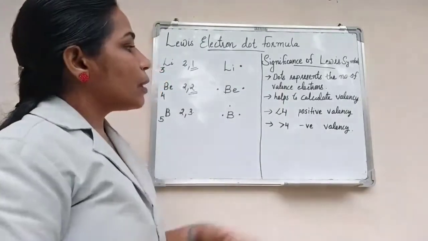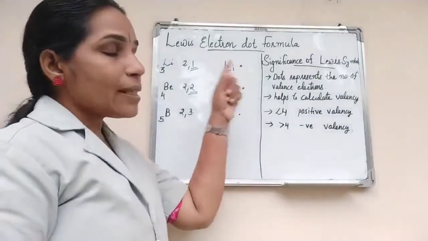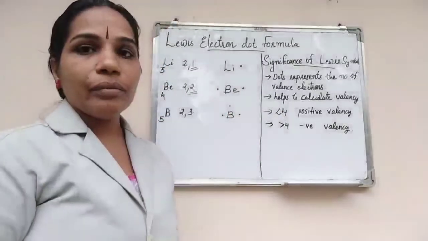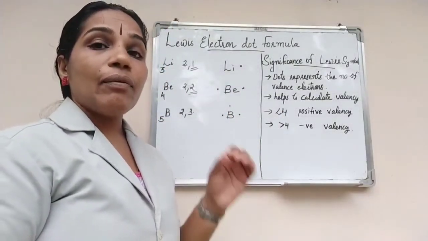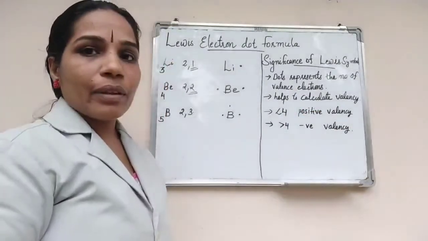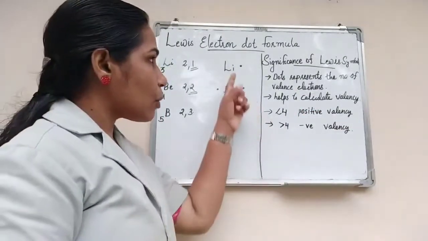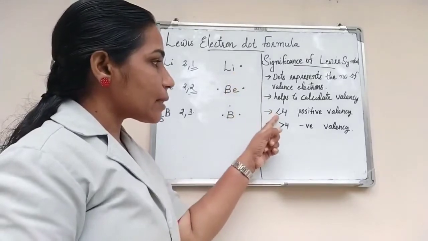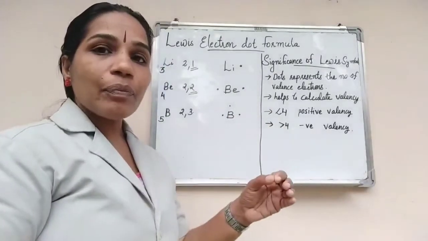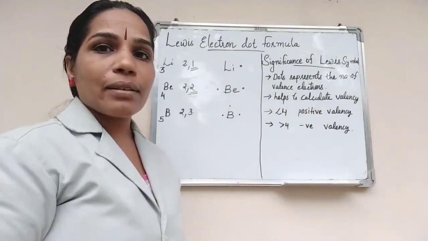If the number of valence electrons is less than 4, then the valency is positive, because that atom loses electrons.